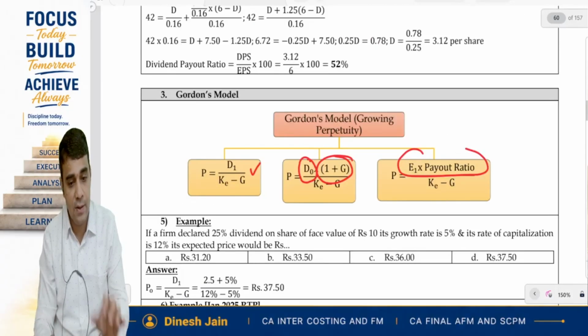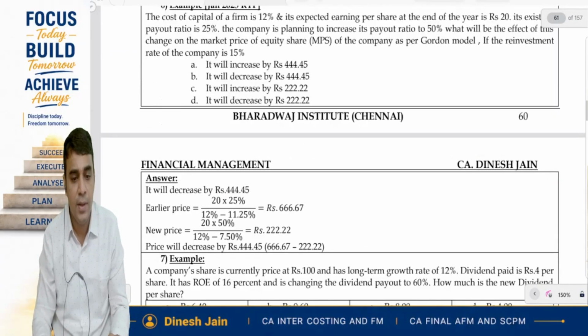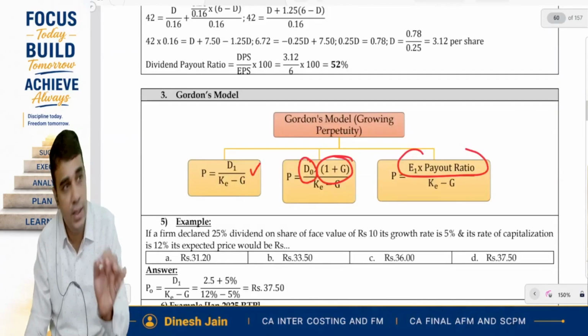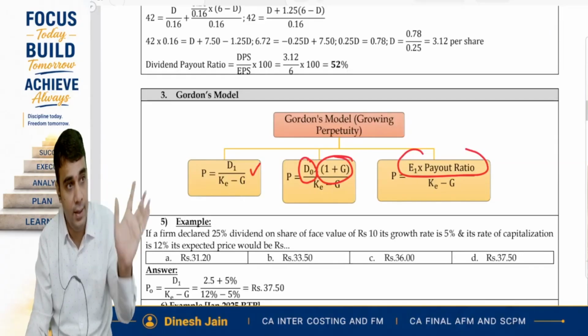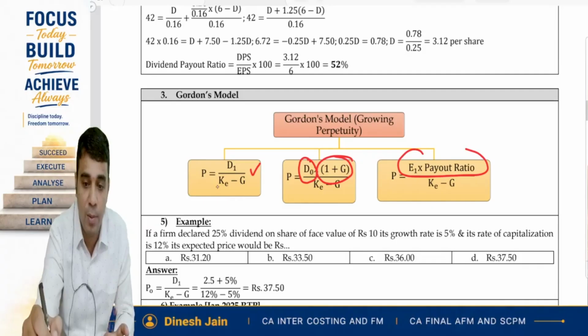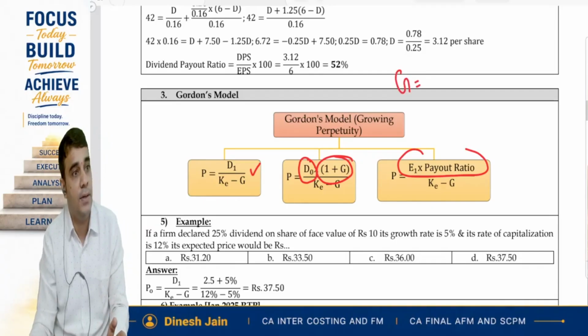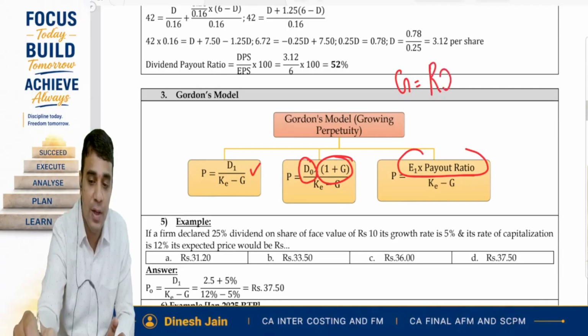Okay, this formula, whatever I've explained, just give me a minute. In this, I may have to go back a little to what we did earlier, in the other chapter, cost of capital, where we had a formula for G. What is the formula for growth rate? ROE into retention ratio.